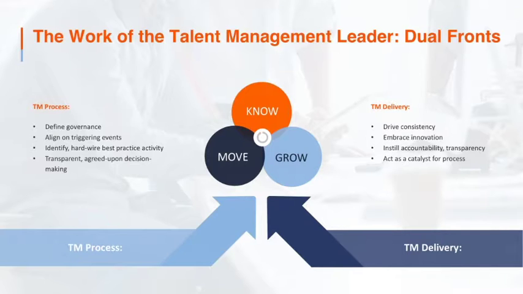The second stream of work that has to occur is in the delivery of that process. So if you are going to have a leadership development program, and you define governance, who defines who a leader is, and how that aligns with the competency model, and how do we know that someone comes into the stream, as well as how do we decide when they're ready to graduate or be selected for elements of our leadership development program.